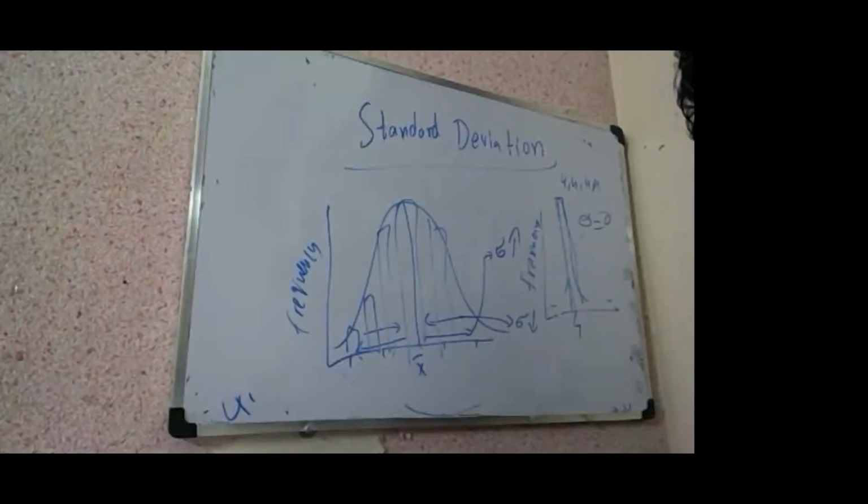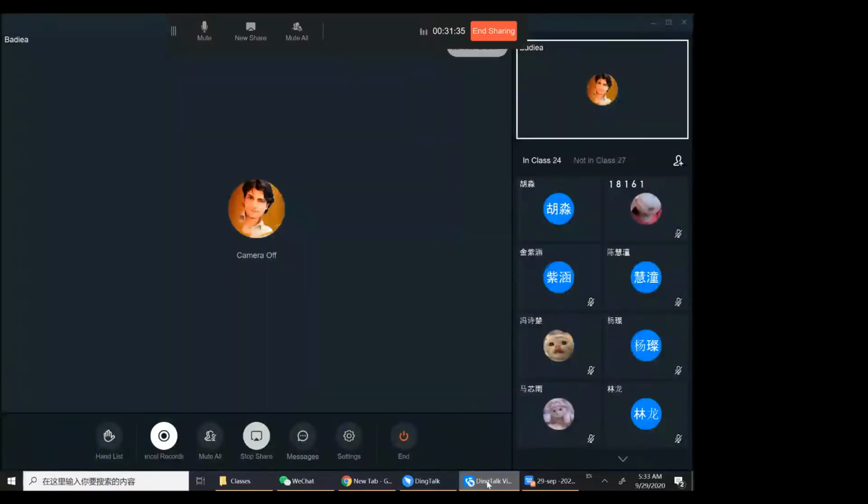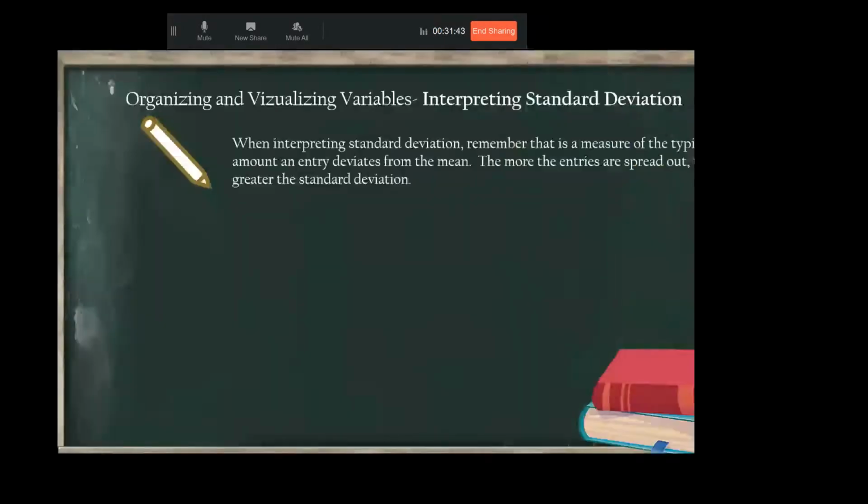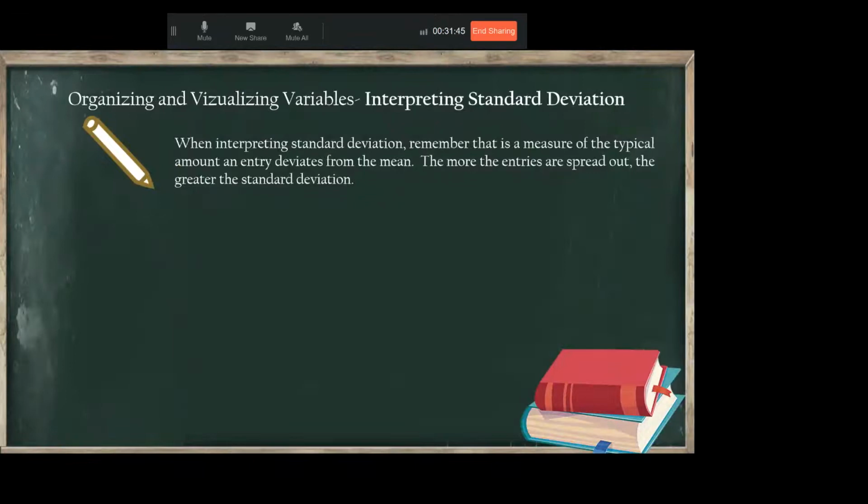So there are two basic rules. Let me take you back. So you see the same example here, which I just drew on the board.